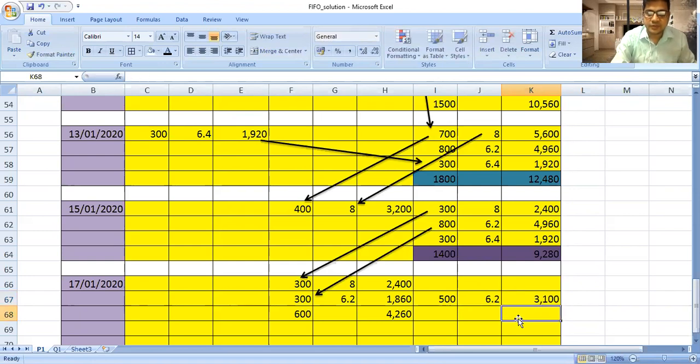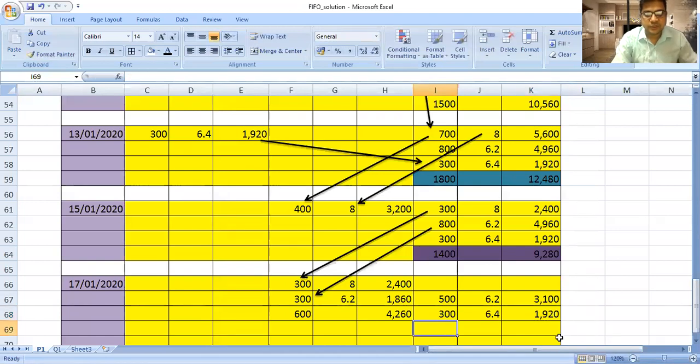So 500 into 6.20, their value is 3100. Then friends, these 300 units, their rate is 6.40 and their value is 1920. Keep as it is, because there is no change. They were not used for selling purpose, so we will keep as it is for the next date also.